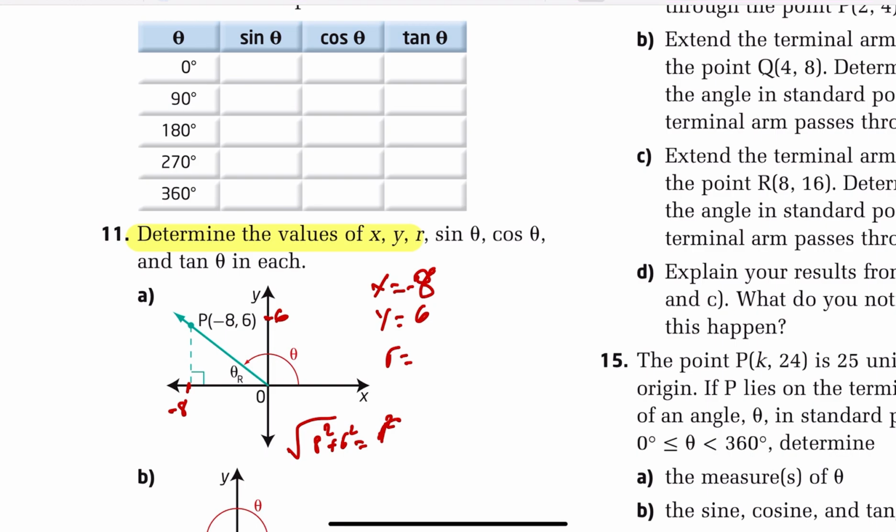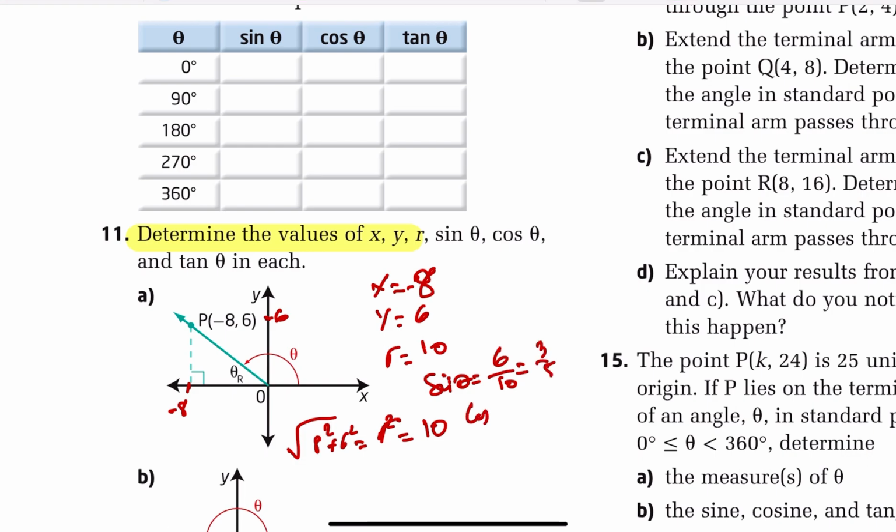Let me use my calculator. So r is 10. The sine of theta is the opposite, which is 6 over 10, or divided by 2, 3 over 5.